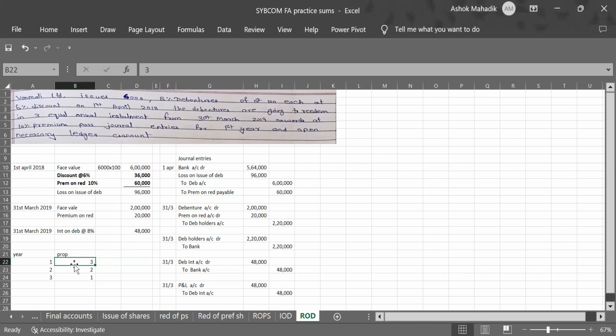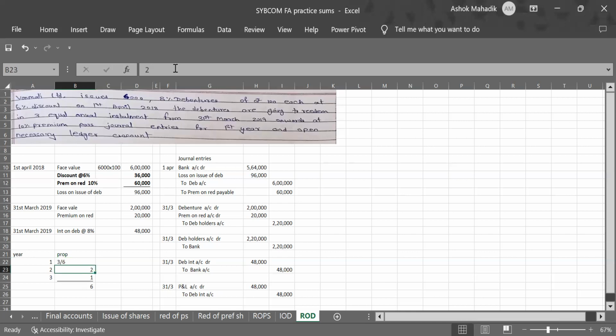That is, year 1, 6 lakhs are outstanding, year 2, 4 lakhs, and year 3, 2 lakhs. So we use this as a proportion. Let us calculate the total: 3 plus 2 plus 1, that is 6. So the proportion for first year will be 3/6, for year 2 it will be 2/6, and for third year it will be 1/6. I hope you understood this.